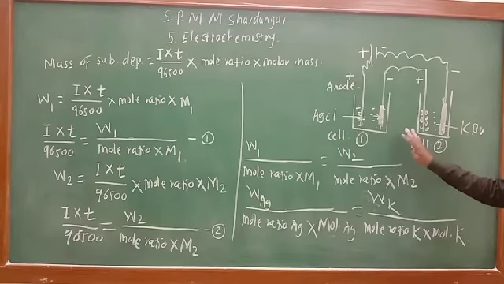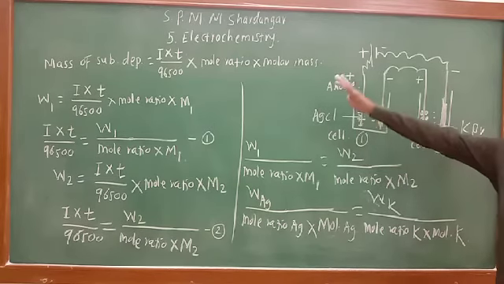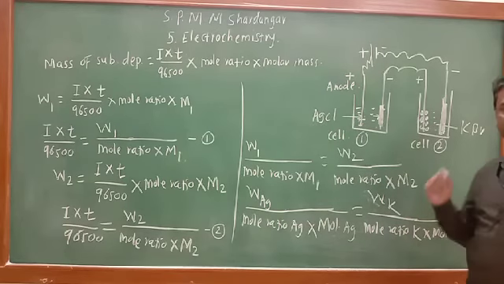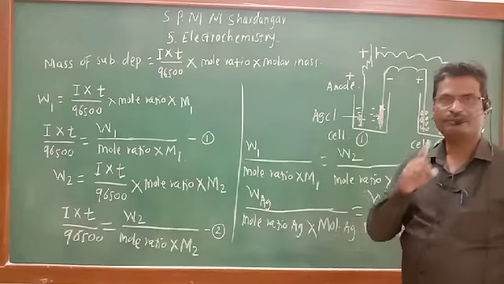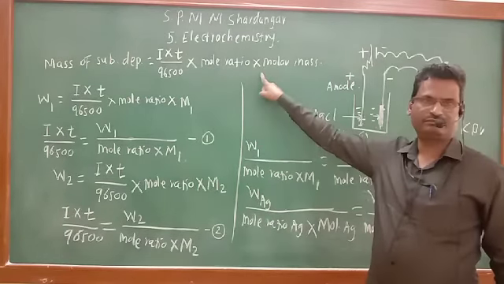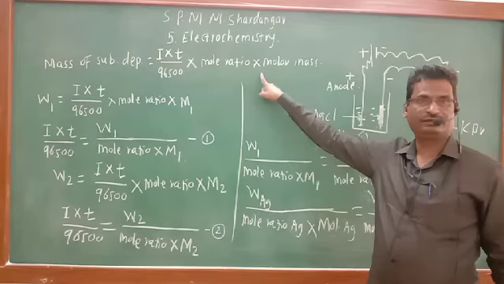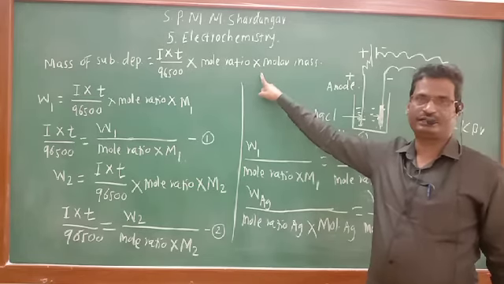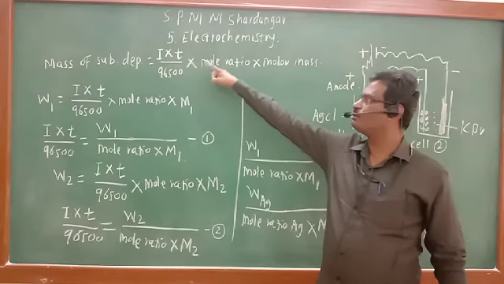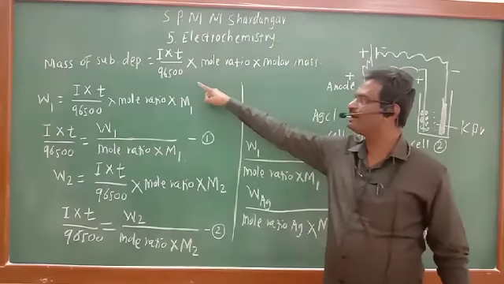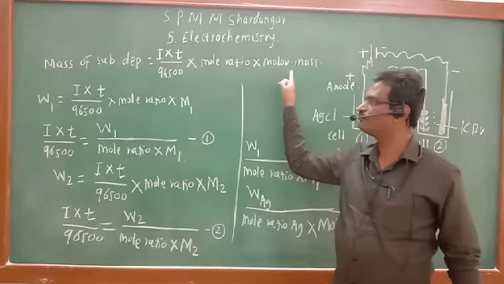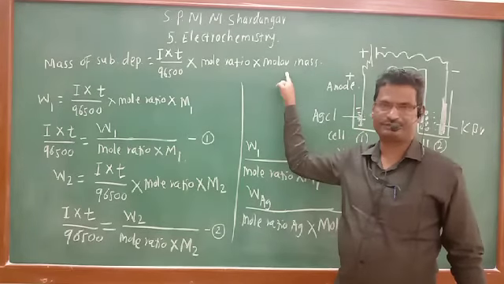So how those calculations are done, that part we have studied over here. And we know that instead of two solutions, if only one solution is electrolyzed, this is the equation we have seen in the last lecture in detail also. Mass of substance deposited will be equal to I into T divided by 96,500 multiplied by mole ratio multiplied by molar mass.